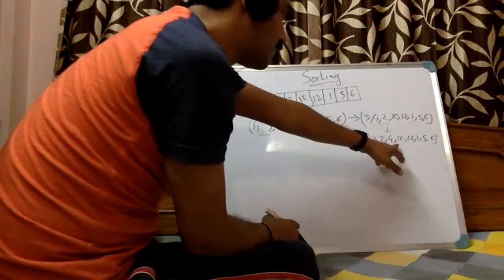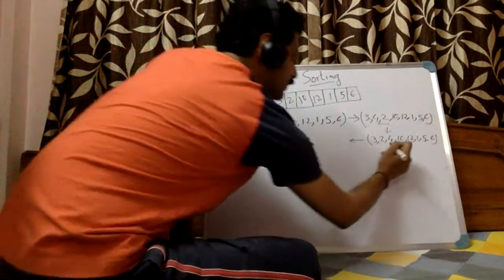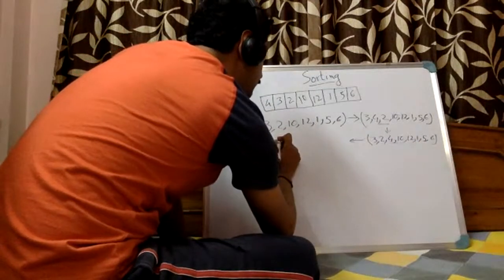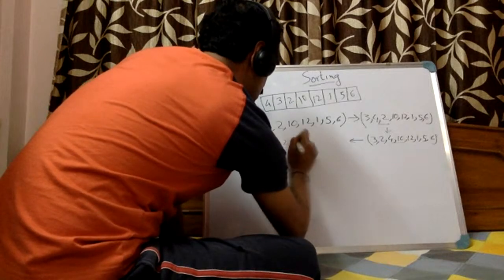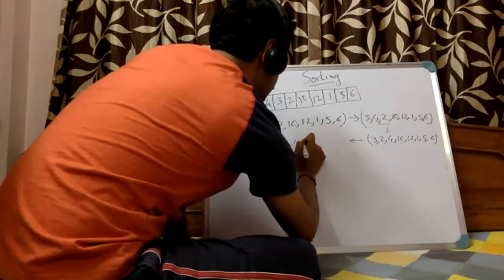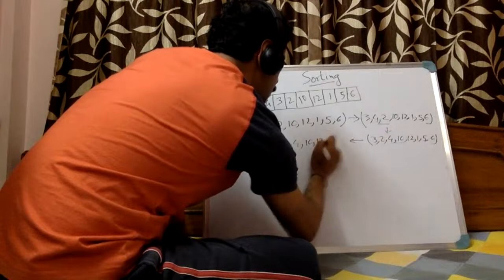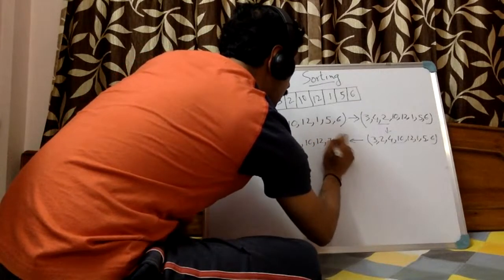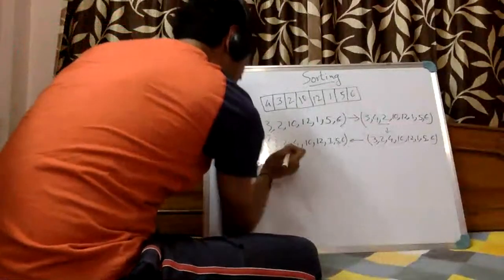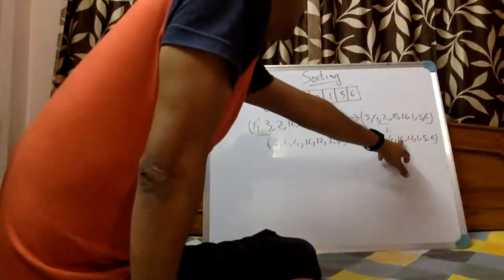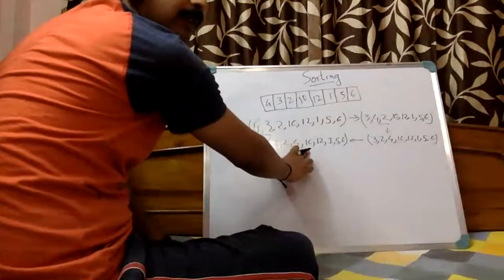In this case, 4 is already less compared to 10. So the resultant will be again 3, 2, 4, 10, 12, 1, 5, 6. Okay. Why? Because if we compare 10 and 4, 4 is already less. That's why nothing happens to this.